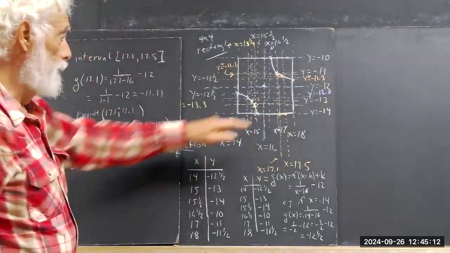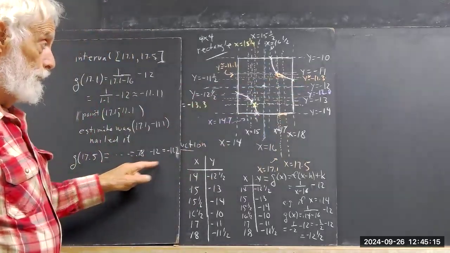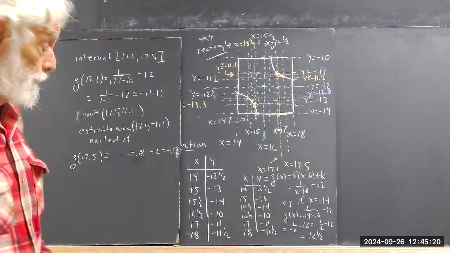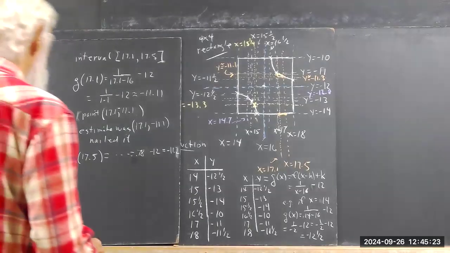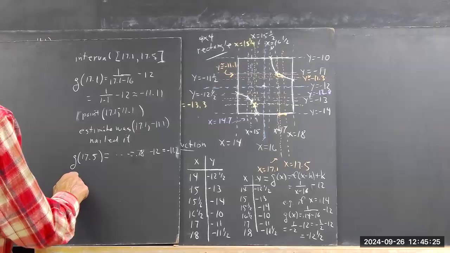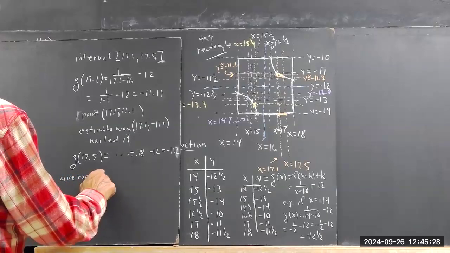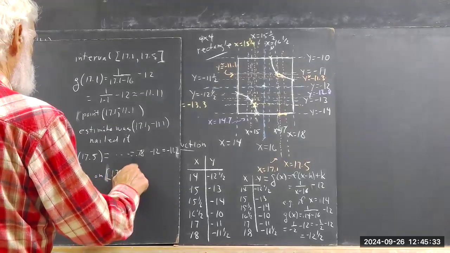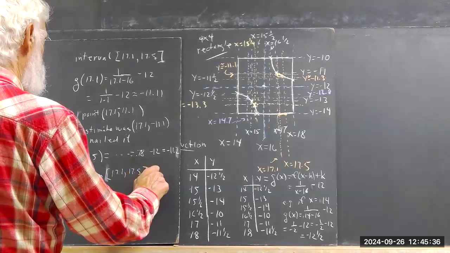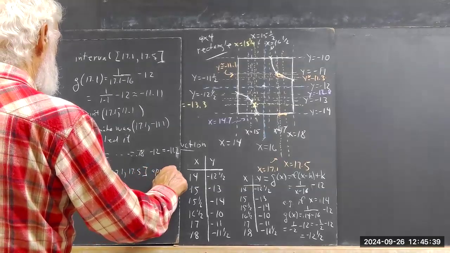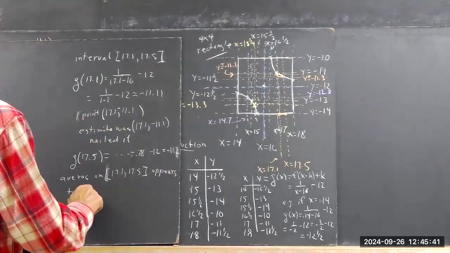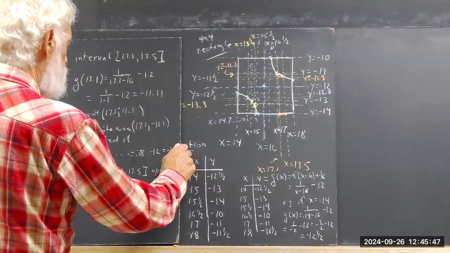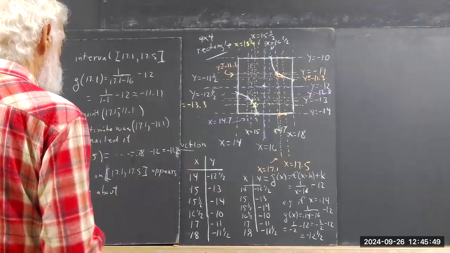Now you check it out with your calculator. I kind of believe I'm off by a tenth here. So my rate of change calculation is going to be off, isn't it? Okay, so the rate of change on the interval 17.1, 17.5. That would be 11.22 if I did my arithmetic right.